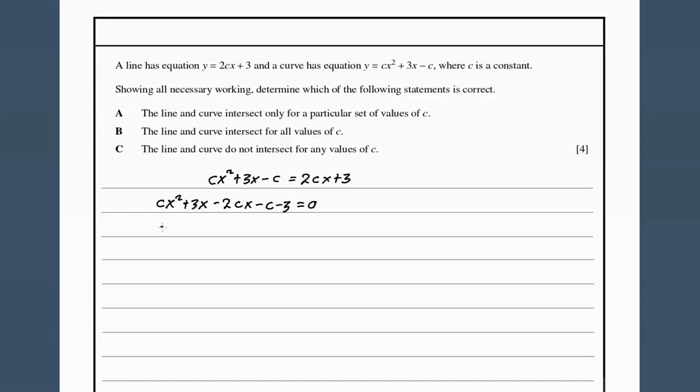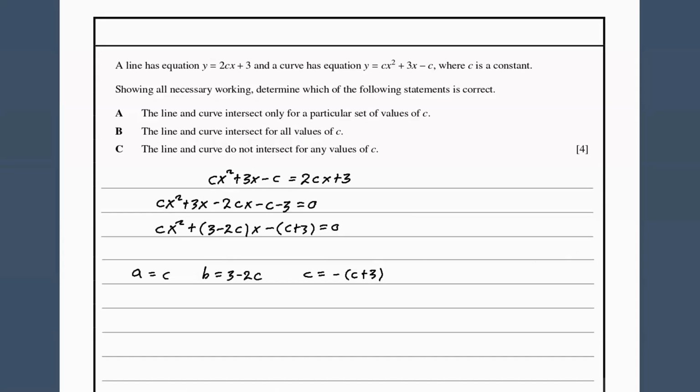All right. Now we'll be having cx squared, and on these two terms, I'll factor out x. So it's going to be plus 3 minus 2c of x, and it's minus of c plus 3 equal to 0. Okay. So we now have a quadratic where a is c, b is 3 minus 2c, and c is minus of c plus 3.